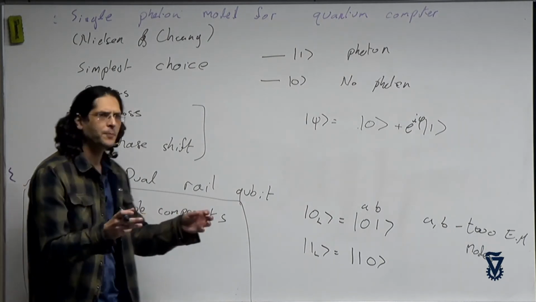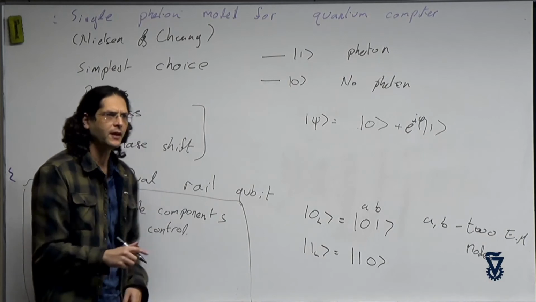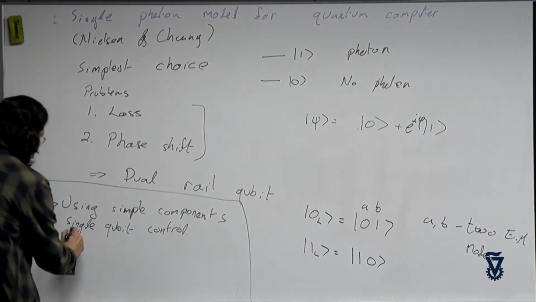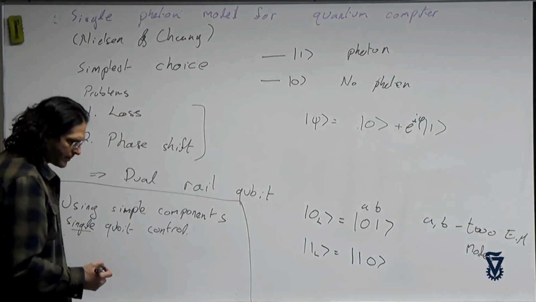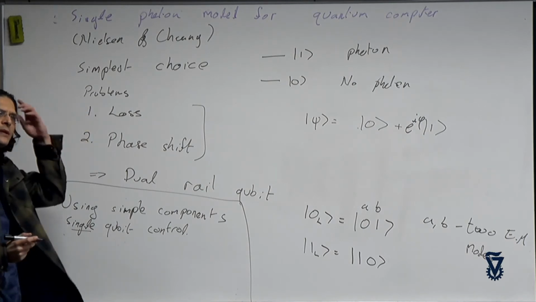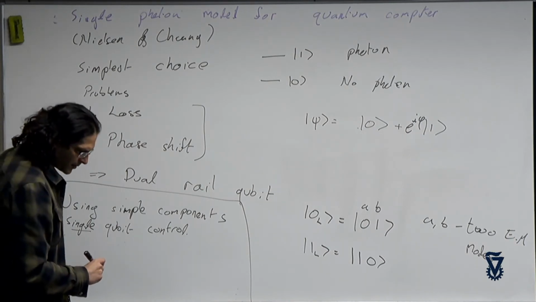So you can think of an optical table with fibers and you place your things and you can control a single qubit for now. Later we'll talk about interacting qubits and we'll talk about the big problems there.